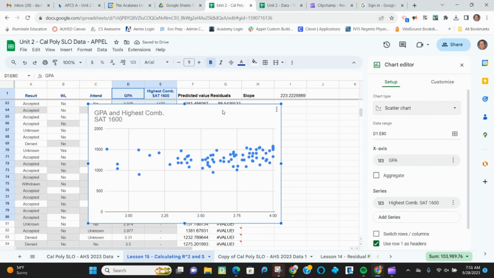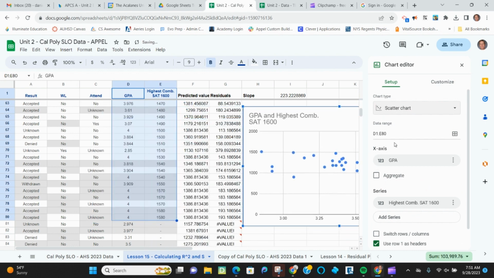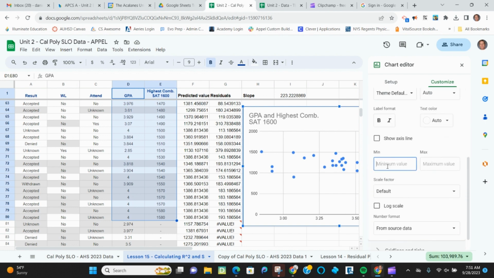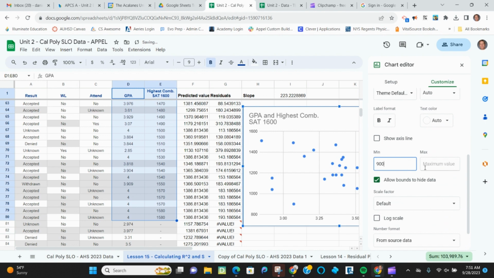All right, so I've created my chart where I have my GPA. I'm just going to change it a little bit so that the axes aren't quite so skewed there. So my vertical axis, I want a minimum value, I think it's 900, maximum of 1600. That looks like it will work.